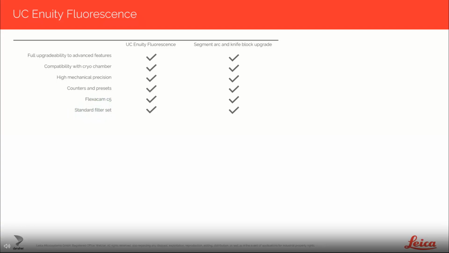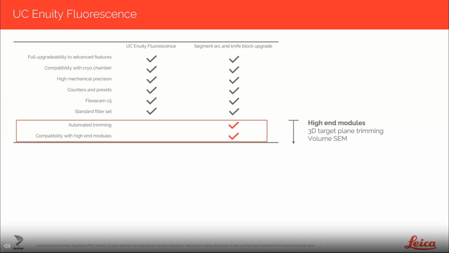The UC Enuity fluorescence can be upgraded with the segment arc and the knife block to provide auto trimming. The automated trimming is then available with the segment arc and knife block being motorized, and it's compatible with the high-end modules for 3D target plane trimming and volume SEM. Take care, the auto alignment is not supported on the UC and UT fluorescence.